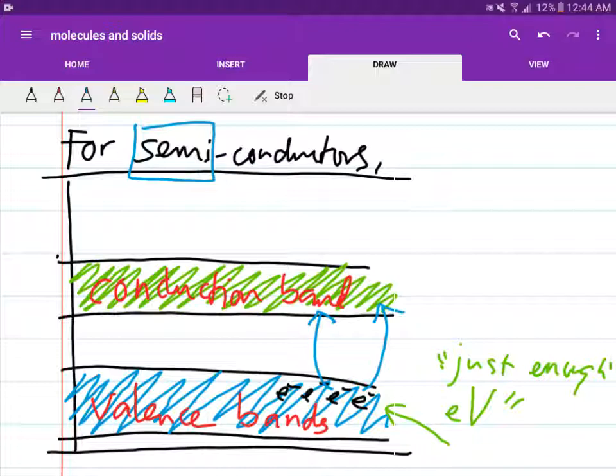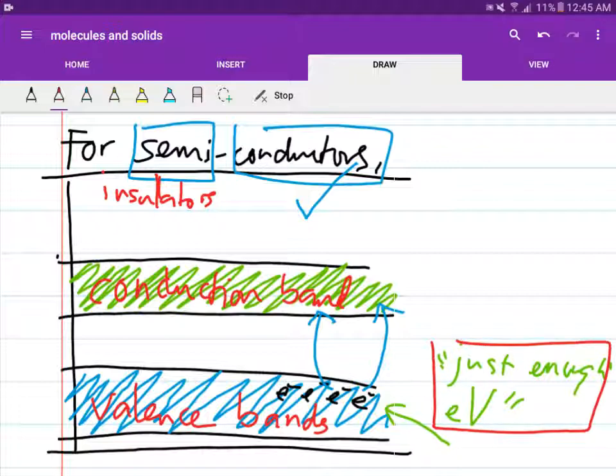They can conduct electricity, meaning they are, of course, conductors, and they also have the property that they are insulators. So if the energy is not enough, they behave like insulators. If the energy is enough, they behave like conductors.